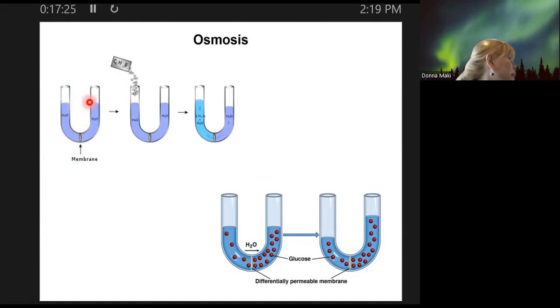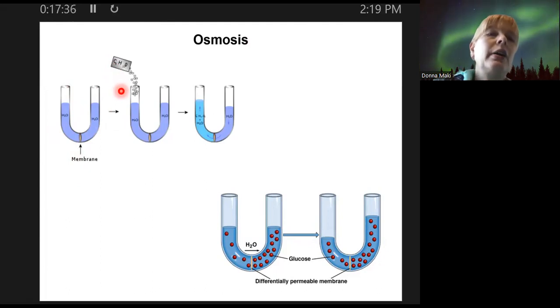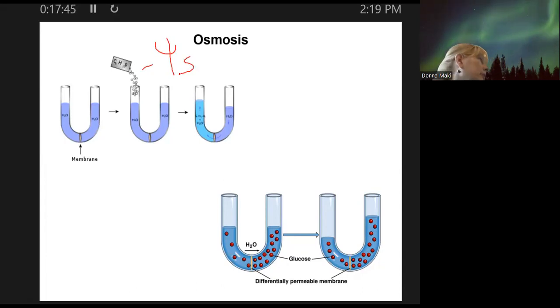They show equal amounts of water on either side, and then they add some sugar. That's your solute, so that's impacting your ψS. As you add more solute, you are altering your ψS component and driving it more negative.